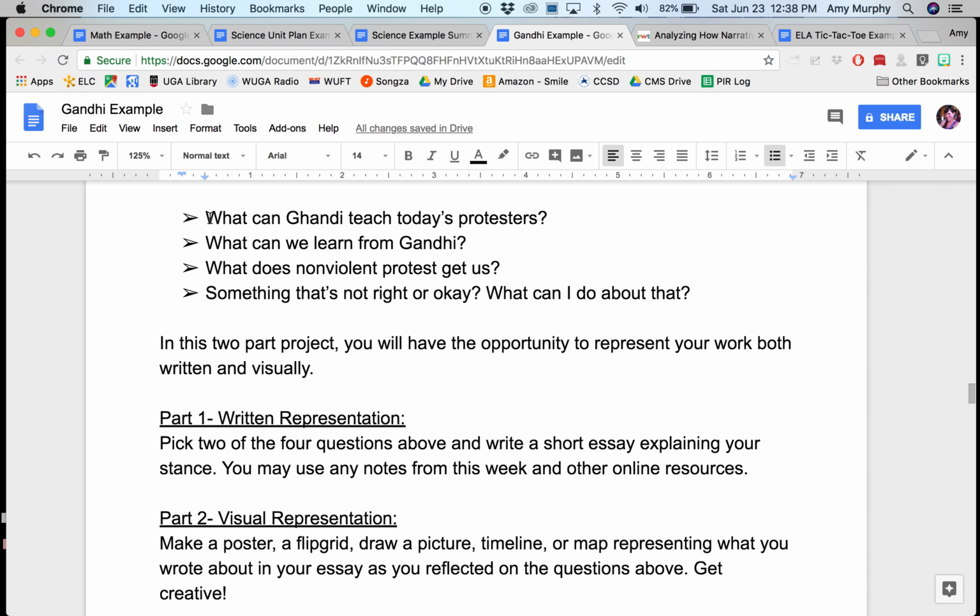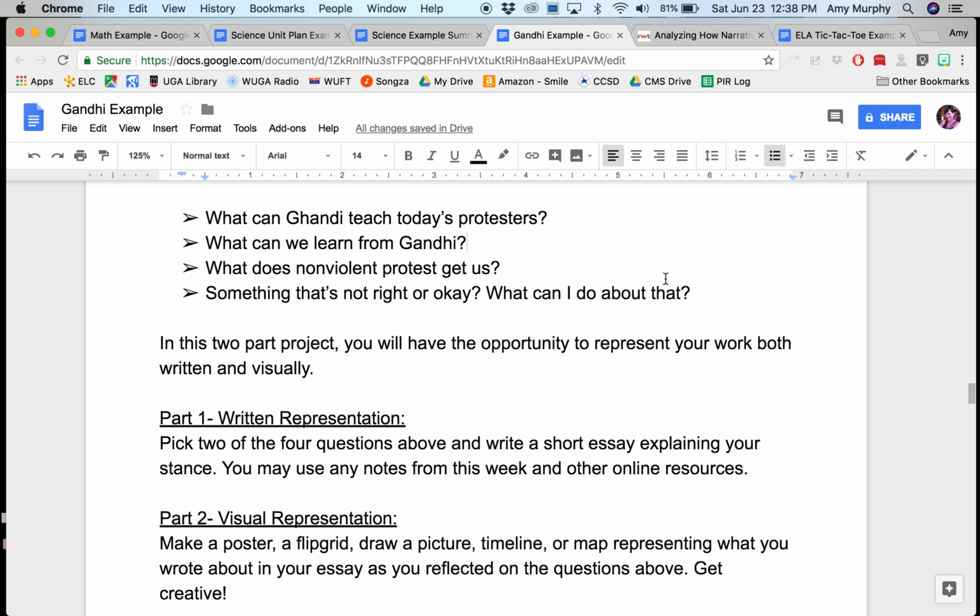The thing about it is that what got lost in this is that really this standard is about Gandhi's impact on India and on the nationalist movement.